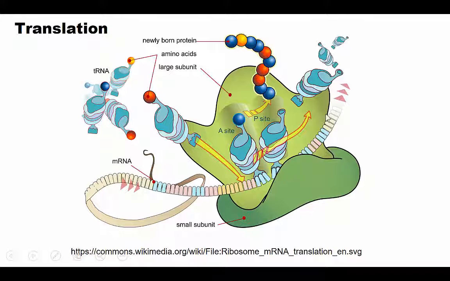How about here? Which side is 5' and which side is 3'? It should be this side is 5', and this side is the 3' end. Now, mRNA is moving out in this direction, and this tRNA is coming in, and this amino acid is transferred to this one. Now we can think of two different ways. This peptide was attached here on the P site, and this one is moving out. Either this amino acid is transferred from here to this, or this peptide is transferred from the P site to the A site.